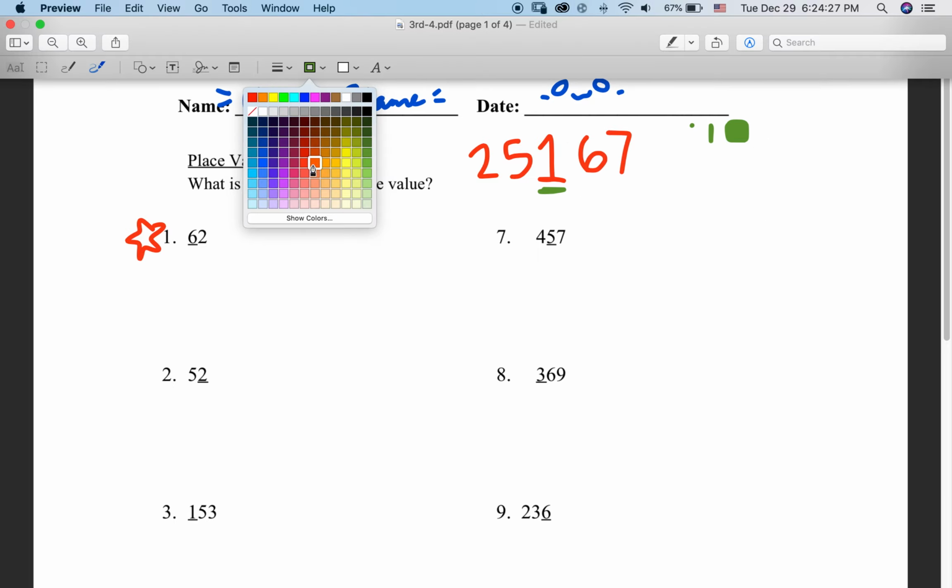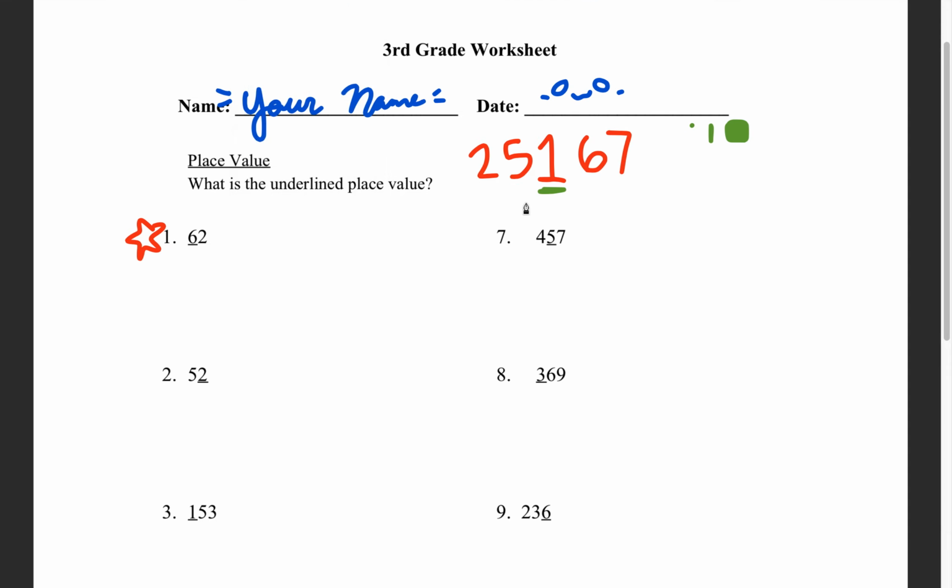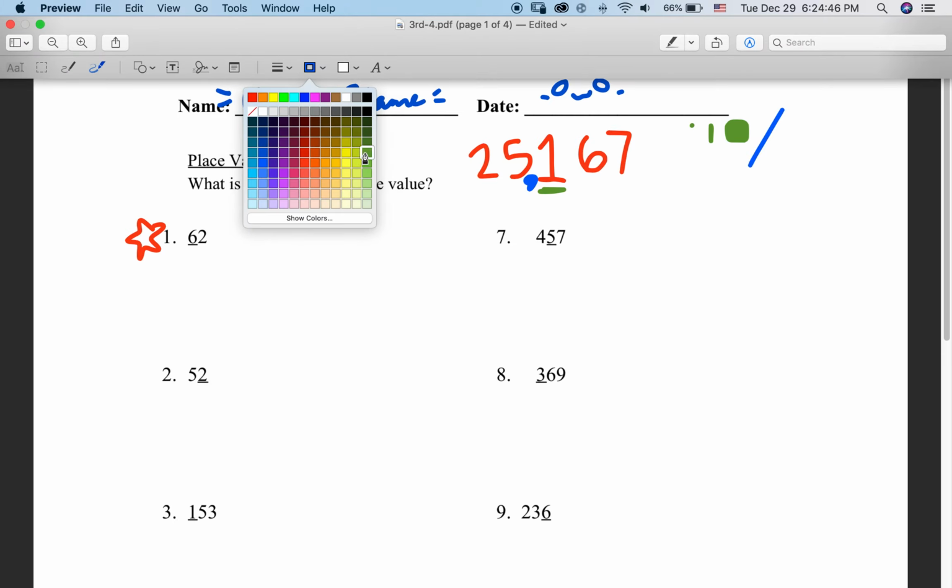And every time we go by threes, we usually have a comma. Not always, but a comma helps separate the number and makes it easier to read. And this identifies every thousands. Which I should tell you what a thousands is.